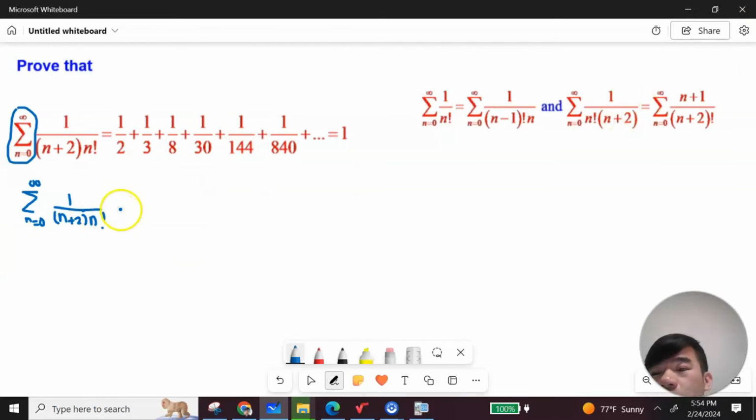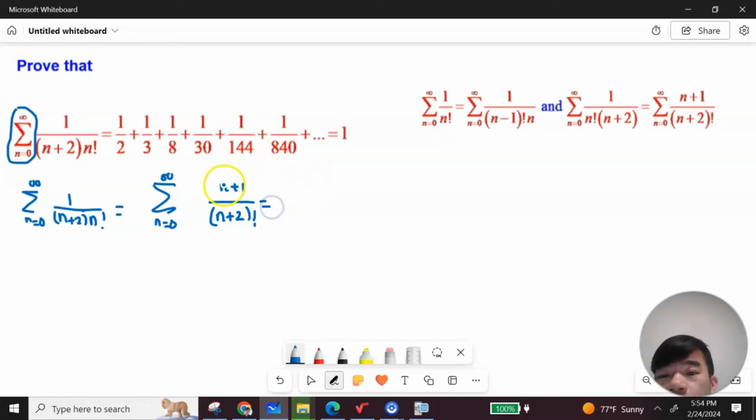It's going to be the sum, n goes from 0 to infinity, of (n plus 1) over (n plus 2) factorial. And the top right here, n plus 1, I just rewrite as n plus 2 minus 1.